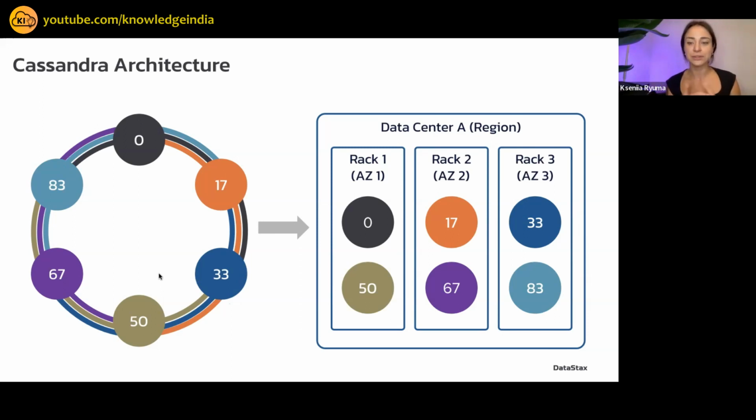So there is a term known in Cassandra architecture as replication factor, and usually it's recommended to use the number 3 as the replication factor. What does it mean? All the data located on node 0 is replicated to nearby nodes. So what does it give you as a developer or maybe business owner?